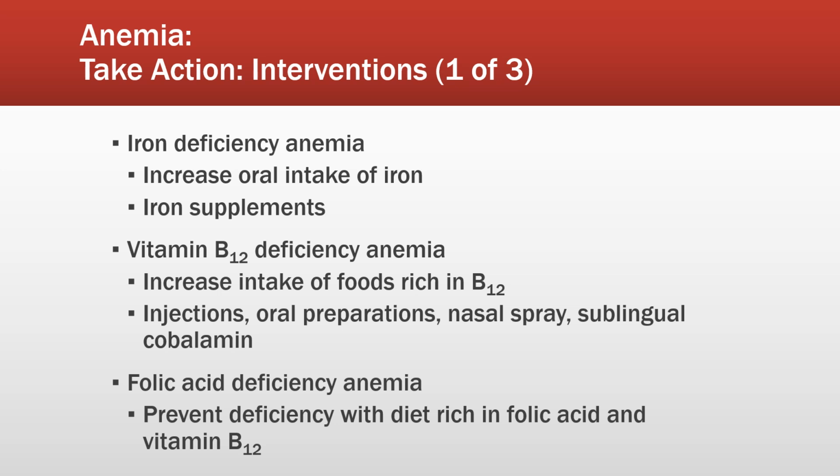Also, B12 can be given through injection, monthly B12 injections, maybe some oral preparation, nasal spray, and there's also sublingual cobalamin. For folate deficiency, again, a diet high in folic acid and vitamin B12.